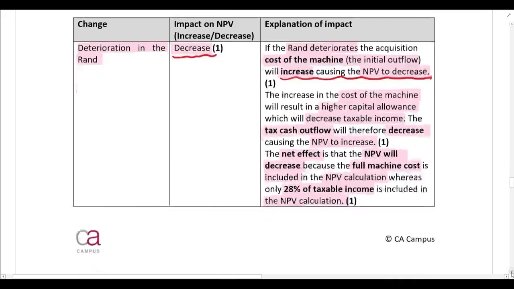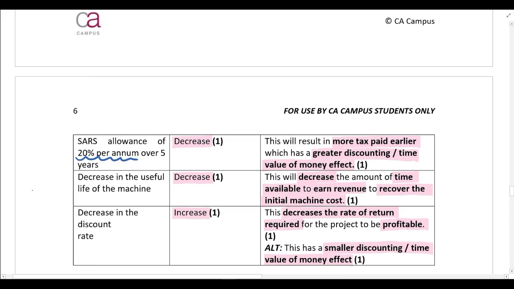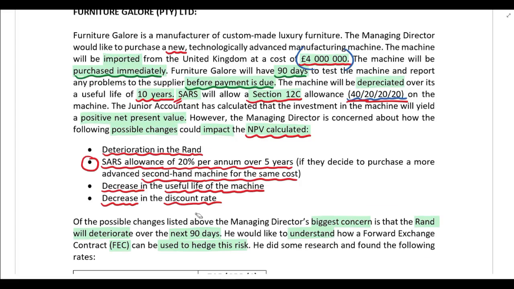In addition to that, if the useful life of the machine changes, this point over here, that would obviously also affect the depreciation expense every year. So it's important to note, currently we know the machine is going to be depreciated over its useful life of 10 years. If the useful life changes, then obviously the depreciation amount every year will change.